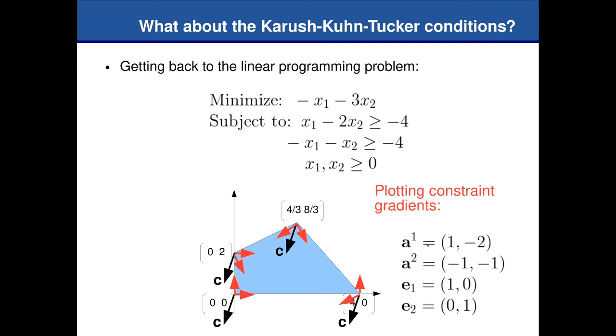I will plot, first of all, this vector, 1, -2. Take a look: 1 in terms of x1, so from a given point, I just go 1 to the right, and -2 in terms of x2, 2 positions down. So this is my vector +1, -2, and it happens again here, and again here.